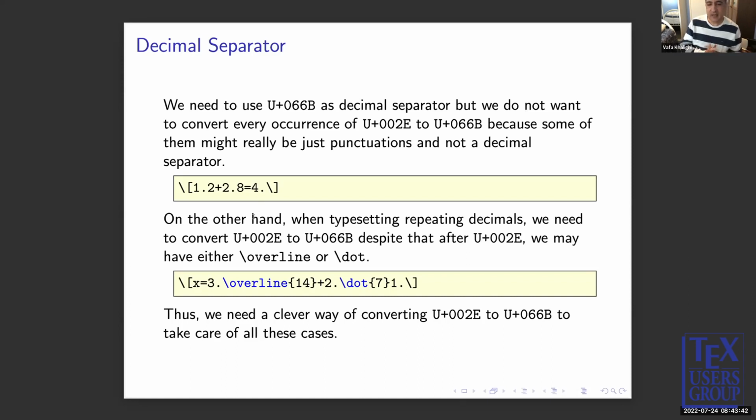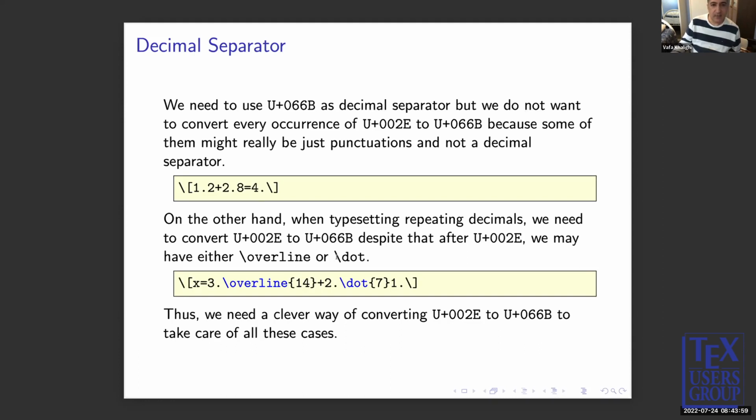On the other hand, when typesetting repeating decimals, we need to convert the period to the Persian decimal separator, despite the fact that after the dot, we might have an overline or dots.